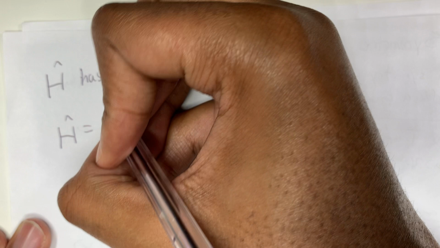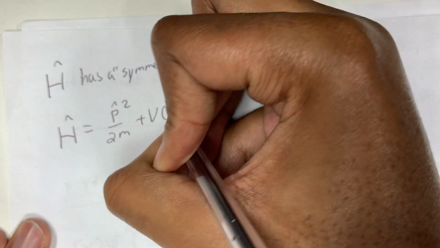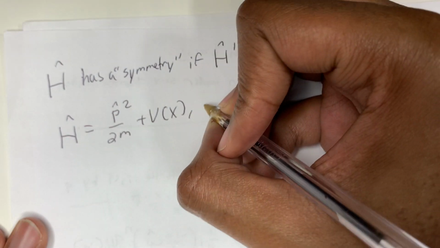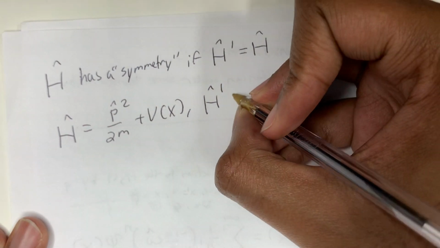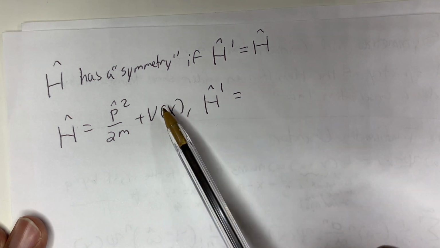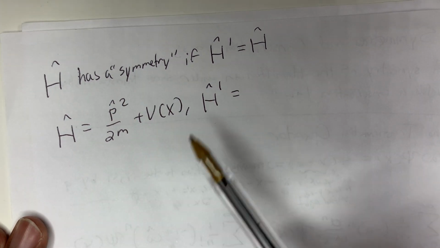Now, our Hamiltonian from quantum mechanics, remember, is p hat squared over 2m plus v of x for a one-dimensional, one-particle system. So what will our translated Hamiltonian be? Well, this is actually why I just proved the last thing. Because now we don't have to go through operating the translational operator on our system. Instead, we can just change our x's to x plus a and leave our momentum alone because we just proved that we can do that.